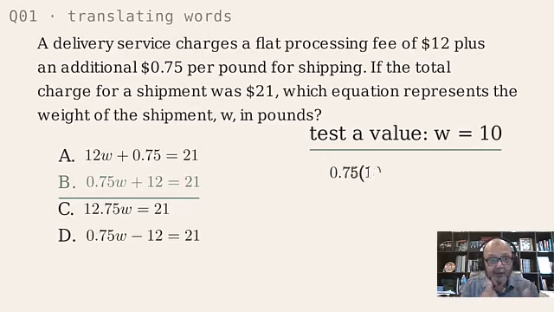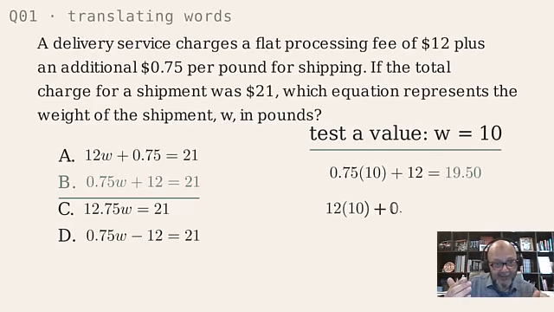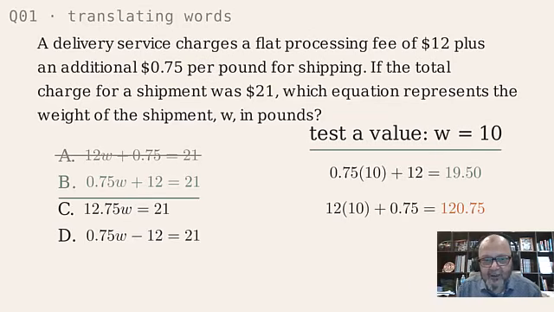If the weight W were 10 pounds, choice B would be 0.75 times 10 plus 12, so the total would be $19.50. If choice A were correct, that is 12W plus 75, then 10 pounds would cost us a staggering $120 plus 75. So by checking the structure of expressions, you can easily catch errors where the constant and the rate have been swapped.